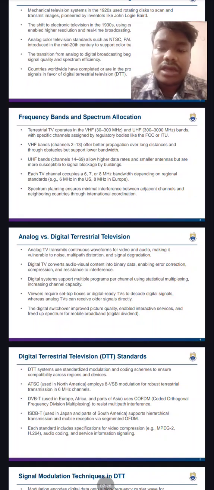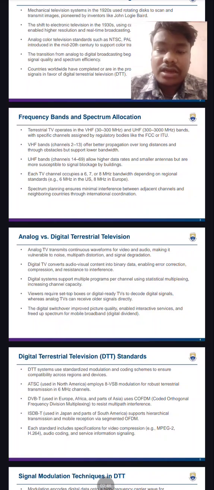VHF bands offer better propagation over long distances and through obstacles, but support lower bandwidth. UHF allows higher data rates and smaller antennas, but has more susceptibility to signal blockage by buildings.